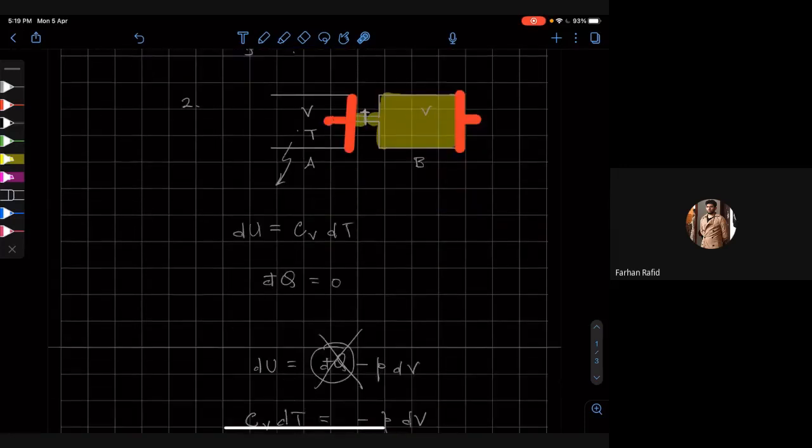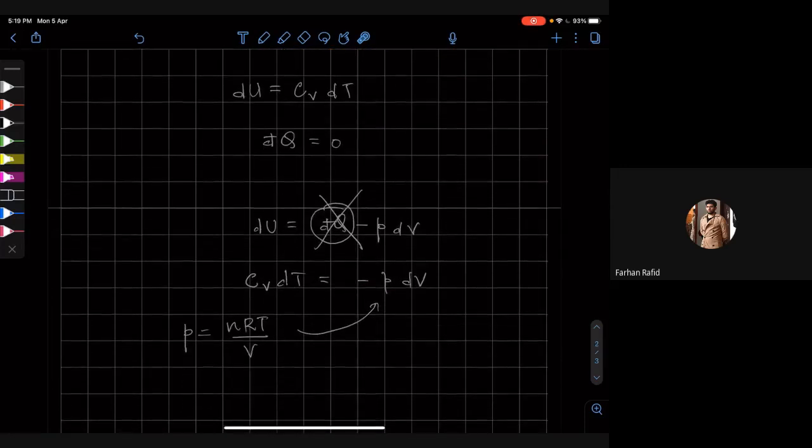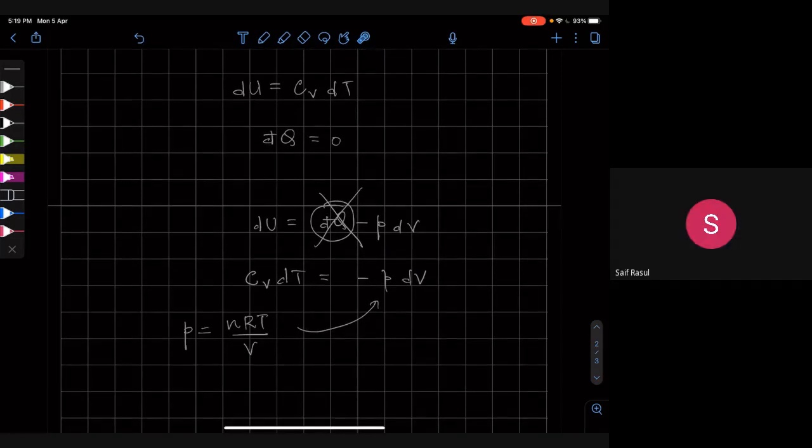In 1.2, is it correct to assume that dV equals 0 since the initial and final volume are the same? Let me just think about it one second.